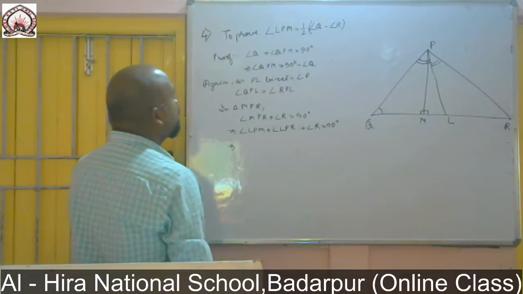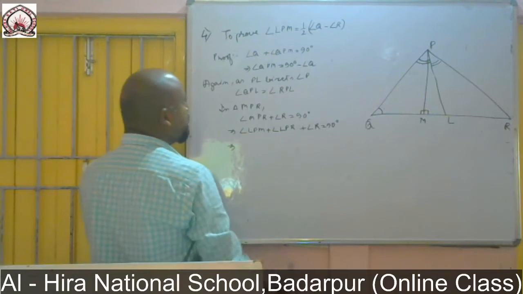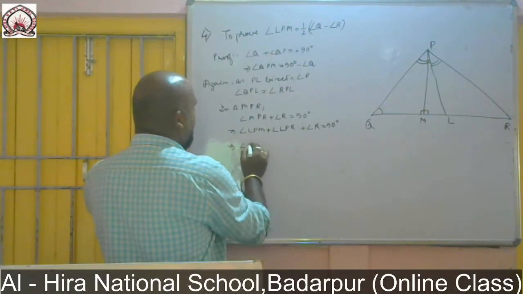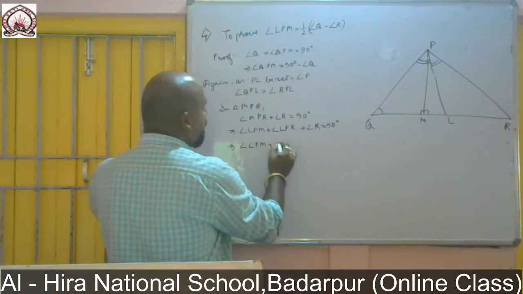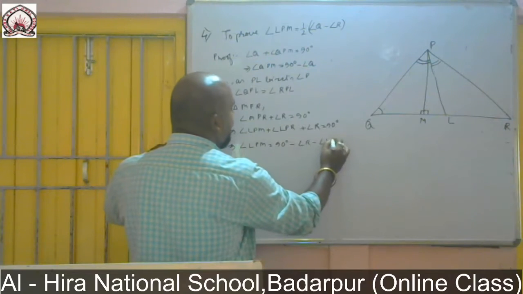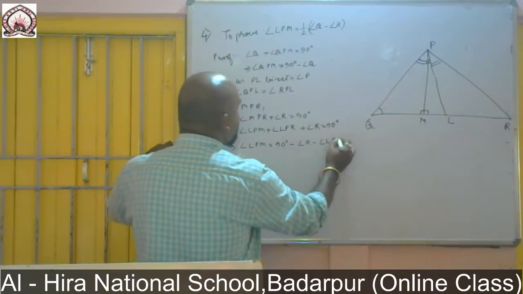So from this what we are getting? We have to prove now angle LPM equal to 90 degree minus angle R minus angle LPR.